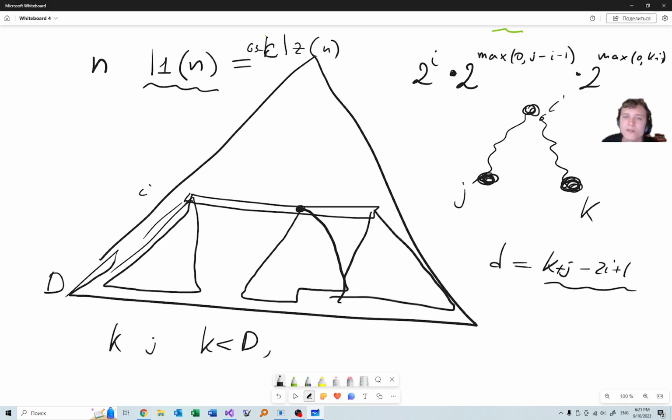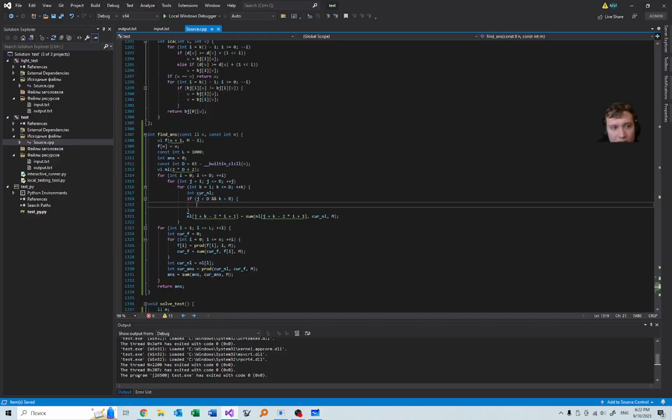Why maximum? Because if i equals j, for example, then we do not need to take minus 1. But if j is greater than i, we actually cannot choose any of 2 children of i. We, for j, need to go to the left, and for k, need to go to the right. So we need this strange formula.